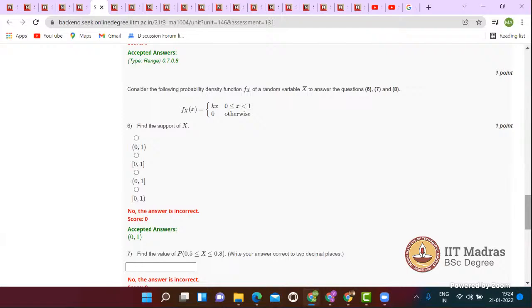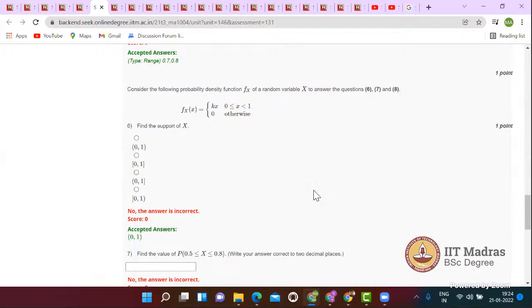It also has positive probability, no? In this function, 1 has not been defined. x is not taking 1. Okay, sir, thank you, sir.